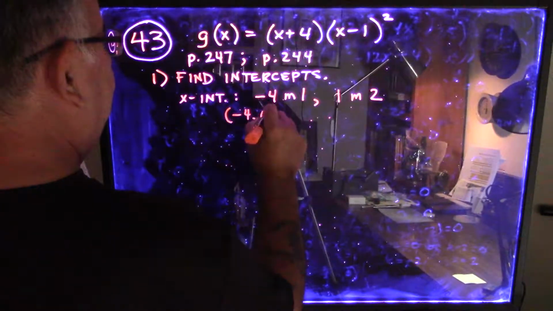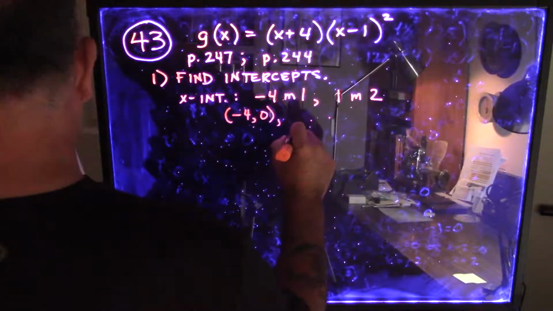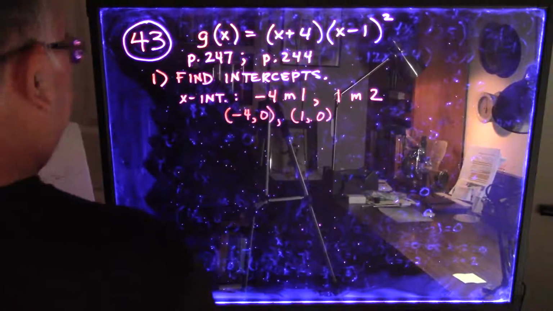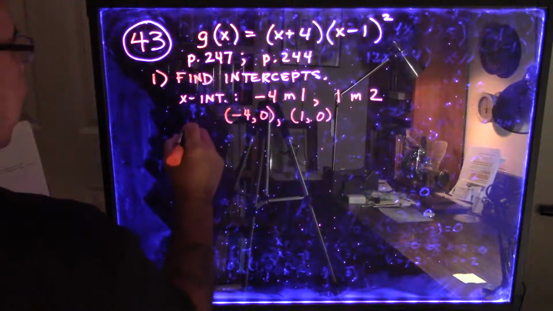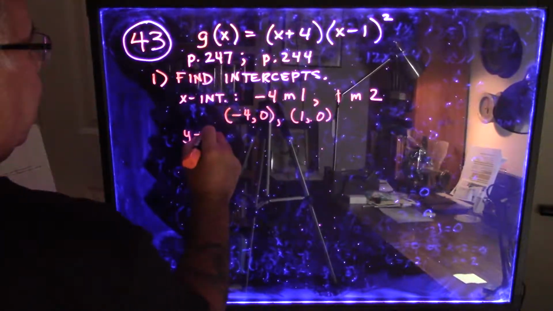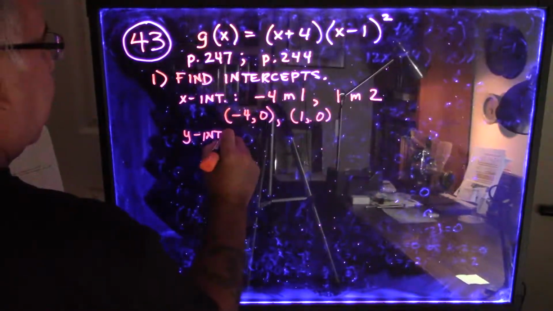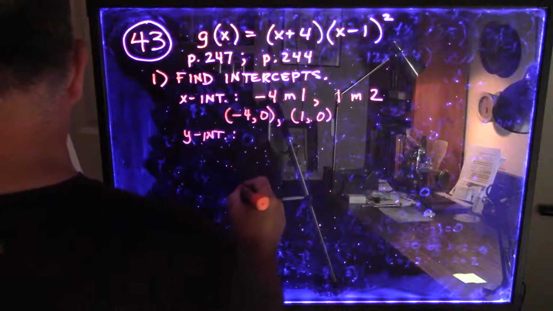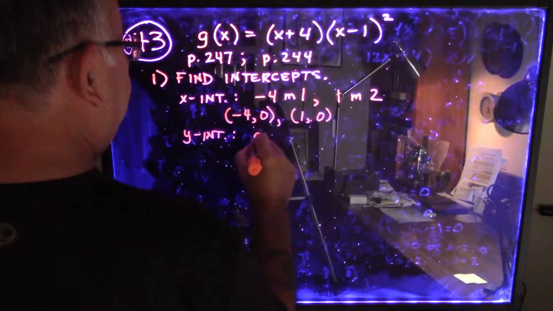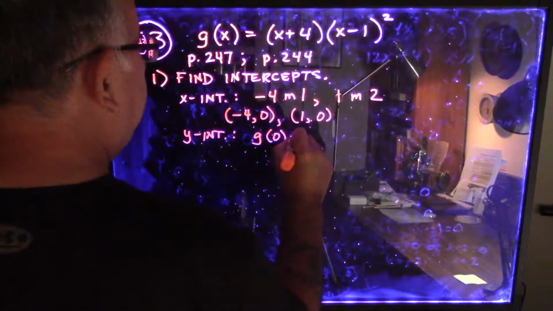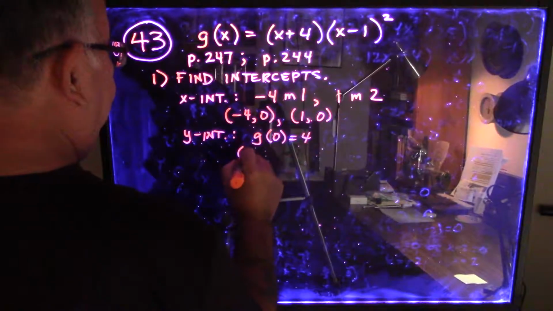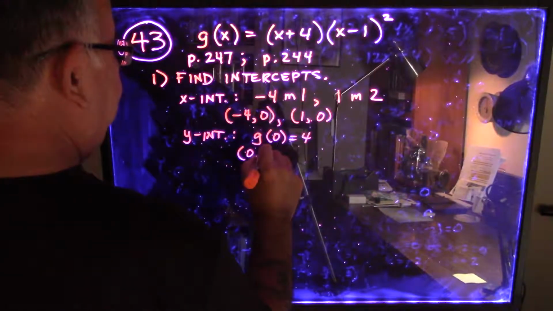That's an x-intercept, and 1, 0. Okay, and then y-intercept. That would be just g of 0. All right, g of 0 equals 4. So we have the point 0, 4 as a y-intercept.